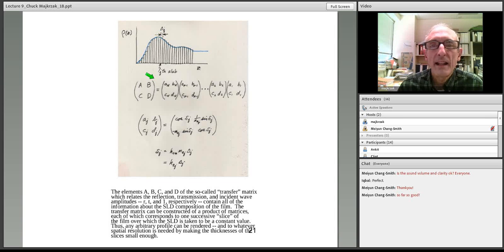And so it turns out that the transfer matrix in this linear set of simultaneous equations that represents the entire object is just made up of a product of the simple transfer matrices that correspond to each individual slice. And again, each individual slice contains in the argument of these trigonometric functions the refractive index and therefore the scattering length density that's constant in that slice. And so we can render any complicated object into a system that can be readily numerically solved.